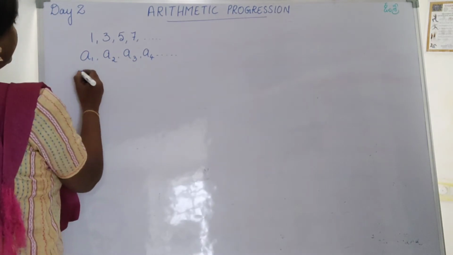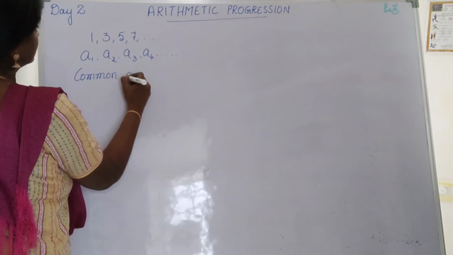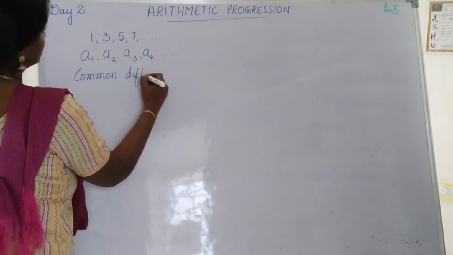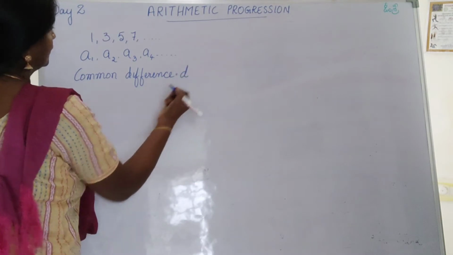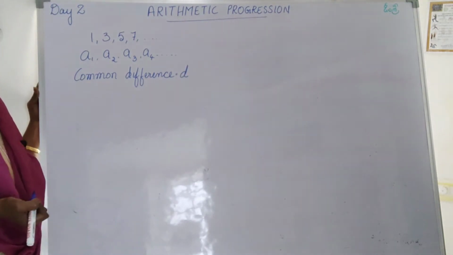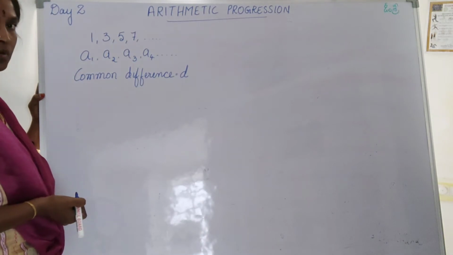And the common difference will be represented by the small d, that is English alphabet small d.